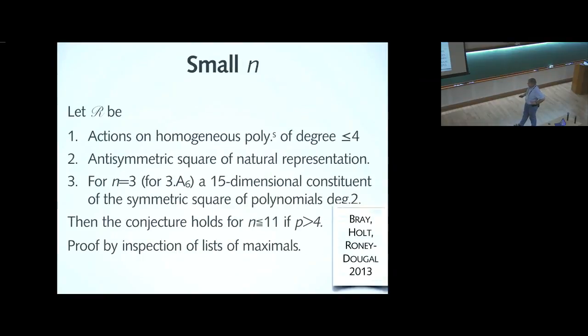So, in small cases, and this is from an explicit inspection of maximal subgroups up to dimension 11 in the book of Bray, Holt and Roney-Dougal, it turns out that if I look at the action on homogeneous polynomials of degree at most 4, the anti-symmetric square of the natural representation in dimension 3, because 3.A6 can be a maximal subgroup, I need to take a 15-dimensional constituent of the symmetric square of the polynomial action on the polynomials of degree 2, then these representations are enough.